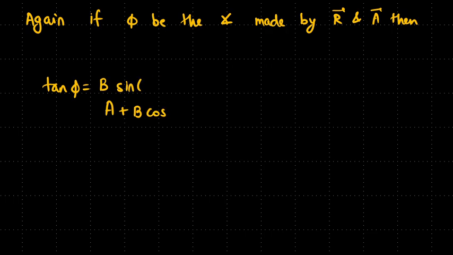But instead of theta, we have 180 degrees minus theta, so this will be sine 180 degrees minus theta divided by cos 180 degrees minus theta.